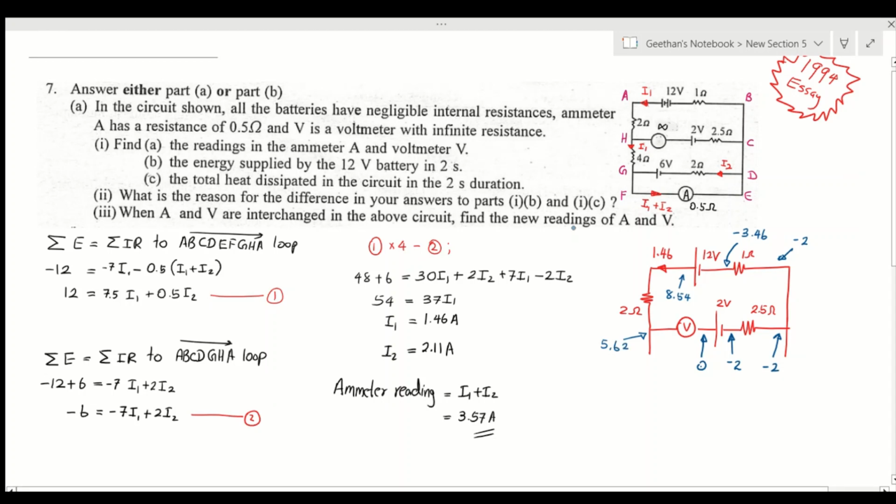So now we can say the difference between the terminals of this voltmeter is 5.62 volts. So therefore we can say the voltmeter reading is 5.62 volts. That is how you get the answer here.